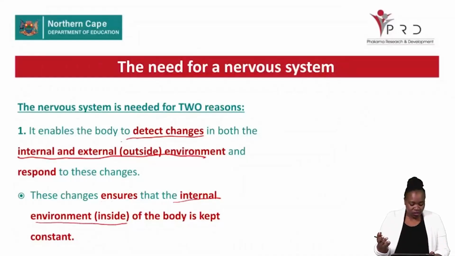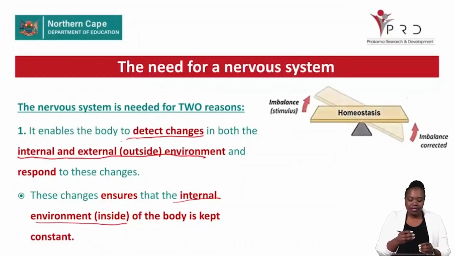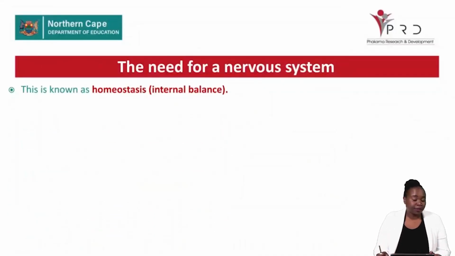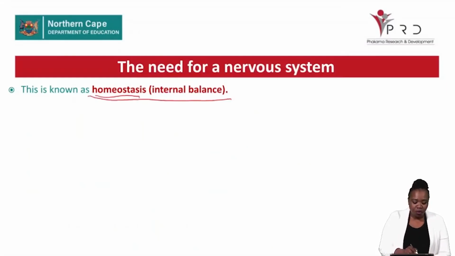These are changes from the external environment or changes from the internal environment. All these changes are detected by the nervous system, and the nervous system sends messages to the parts of the body in order for those parts to react. When the internal environment is kept constant, we are talking about homeostasis.